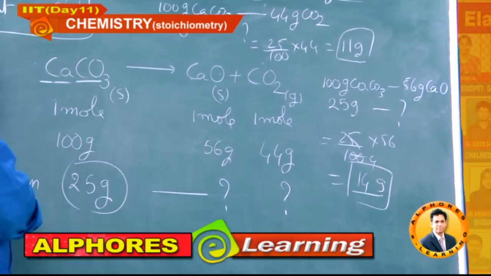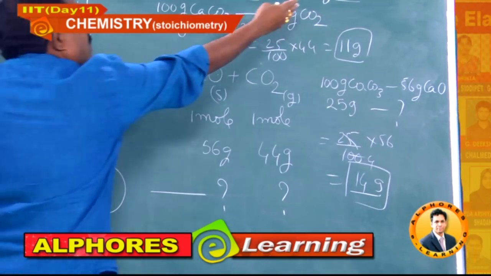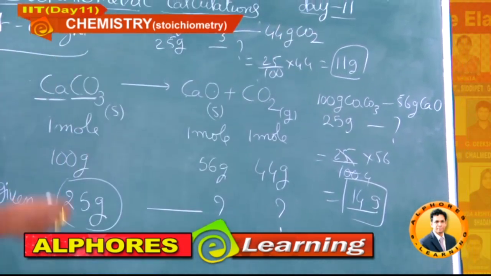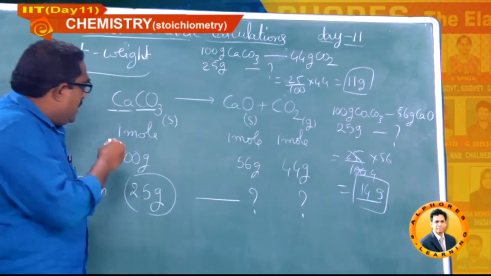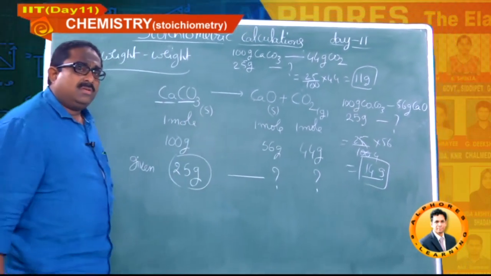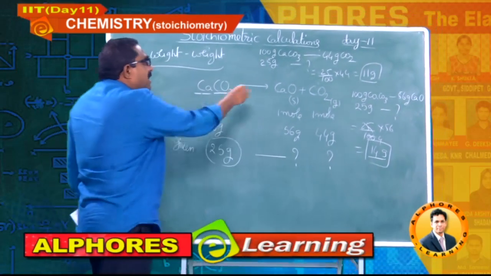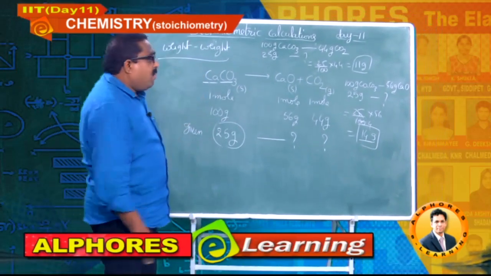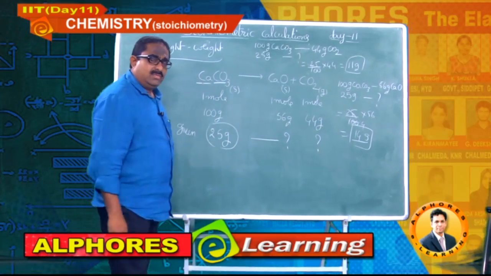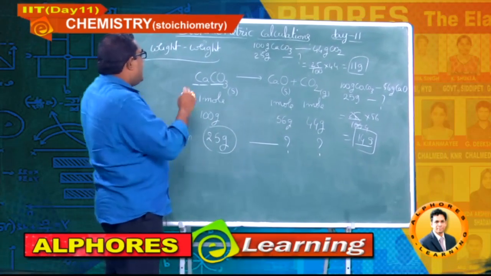The same question is asked based on the data of carbon dioxide also. The question can be set like this. From a sample of limestone, on decomposition, 11 grams of carbon dioxide is obtained. What is the mass of limestone given to you? That may be asked as a question.